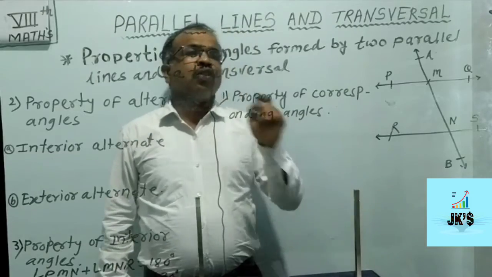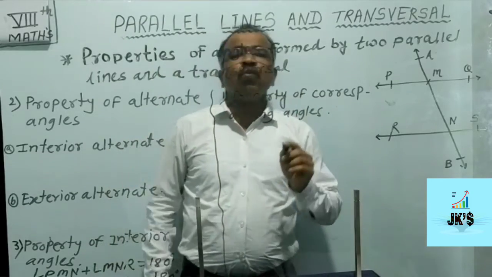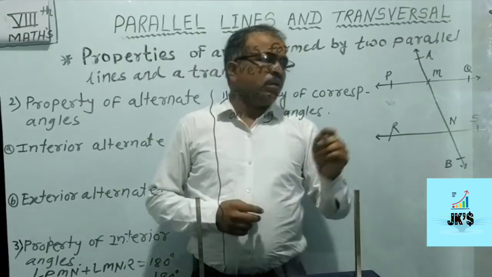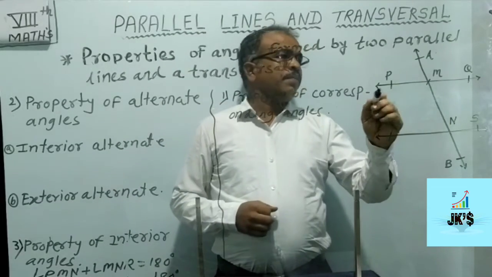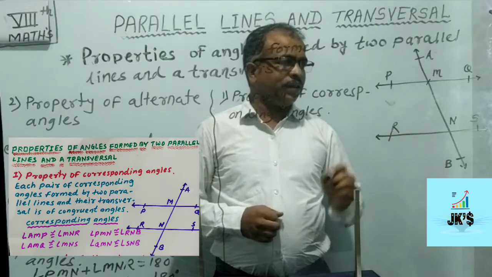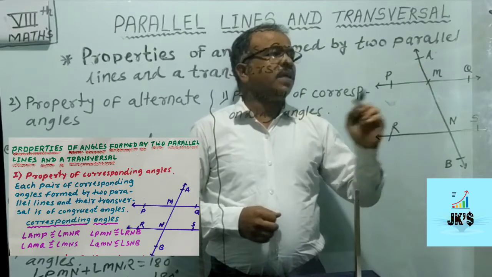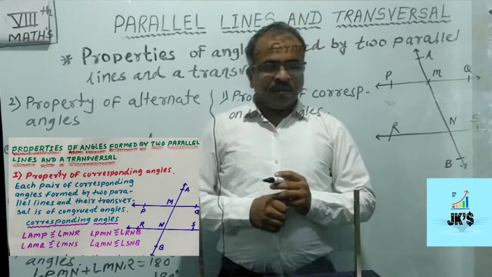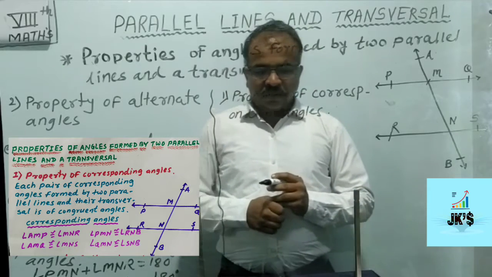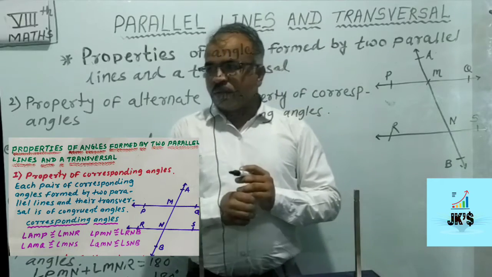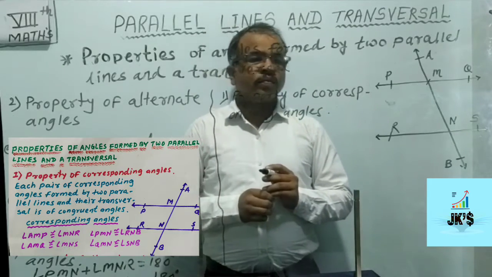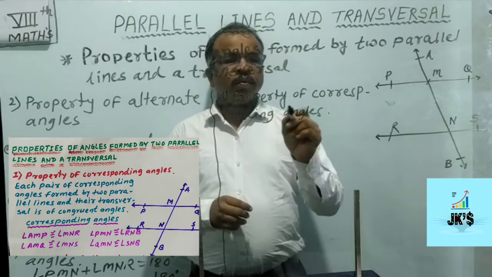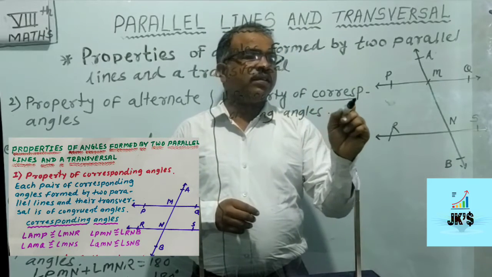Now the properties of angles formed by two parallel lines and a transversal. Two parallel lines are PQ and RS, and AB is their transversal. In the first point, we studied the types of angles, the first type being corresponding angles.